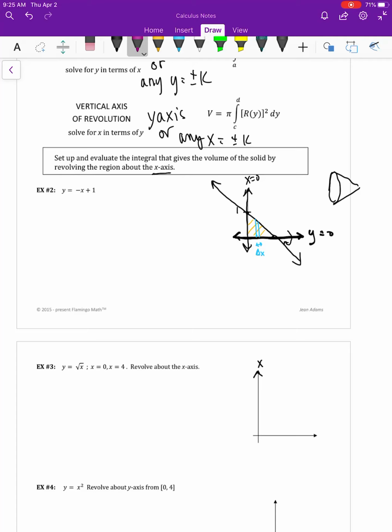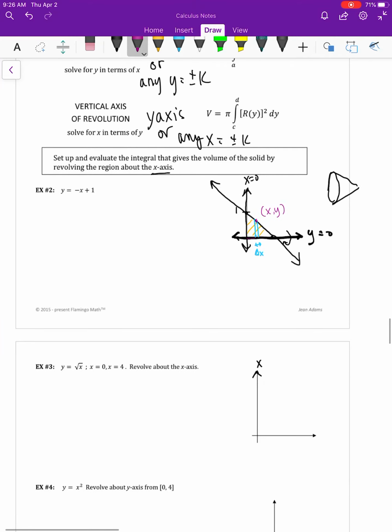Now I'm going to pick a point at the end of that representative rectangle on my function, and that's an x, y point. Here's your x, here's your y. So the y would be in terms of x.